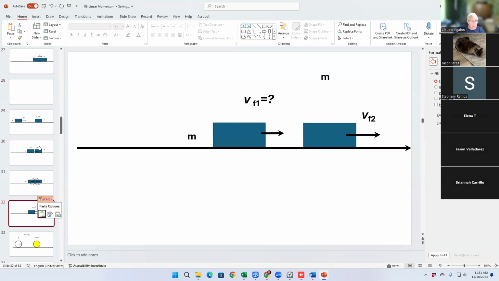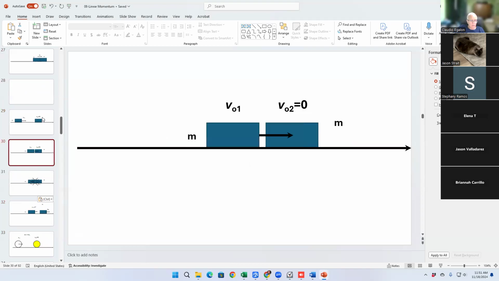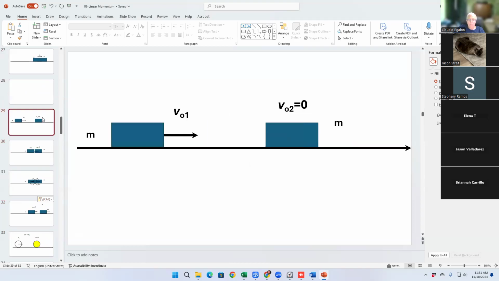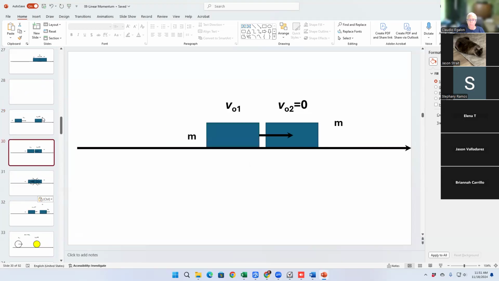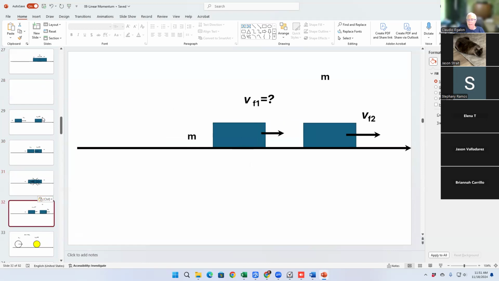Okay. This one is a totally elastic case. Here you go. Totally elastic collision. Same masses. One moving towards the other. One pushes, the other pulls. And then they end up moving with a final velocity.